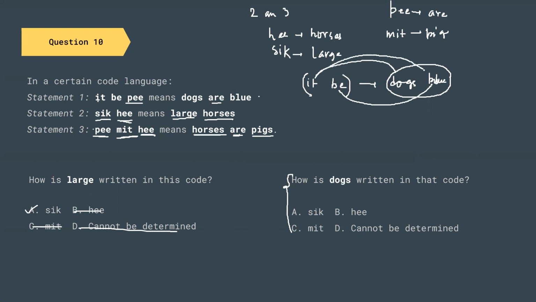"It" can also be encoded as "blue" and "be" can be encoded to "dogs". So there is no more relevant information left in the questions from which I can gather how "dogs" is encoded in this particular coded language. So the correct option will be option number D, that is, cannot be determined.